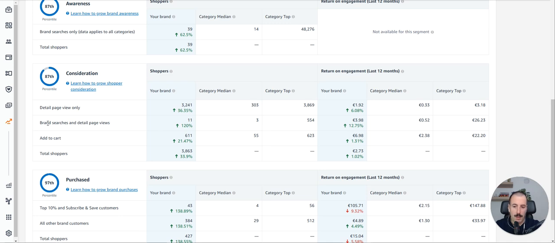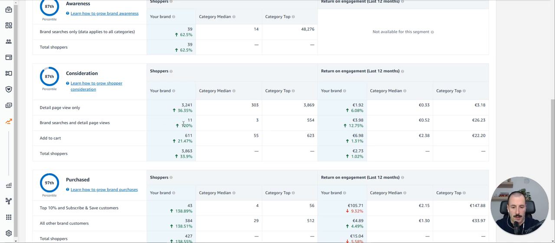We had low brand searches and detail pages. That actually reflects that we recently didn't run so many sponsored brand ads for this product and for this brand. So we could increase that and eventually increase the number of people who searched for our brand and landed on our product pages.